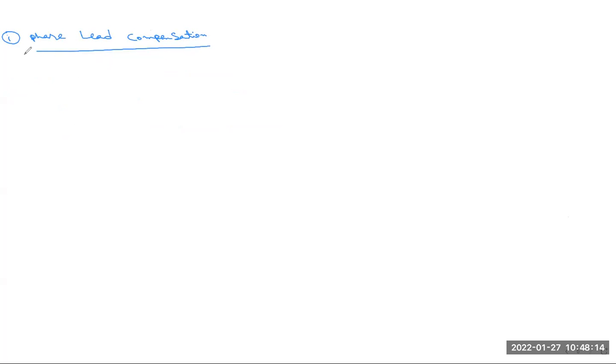Okay, so what is a phase lead compensation circuit? A system which has one pole and one dominating zero.